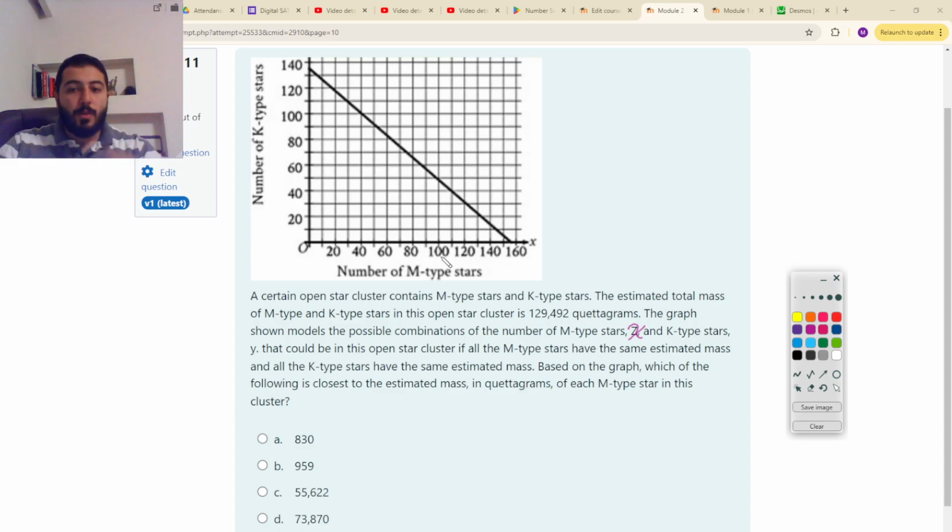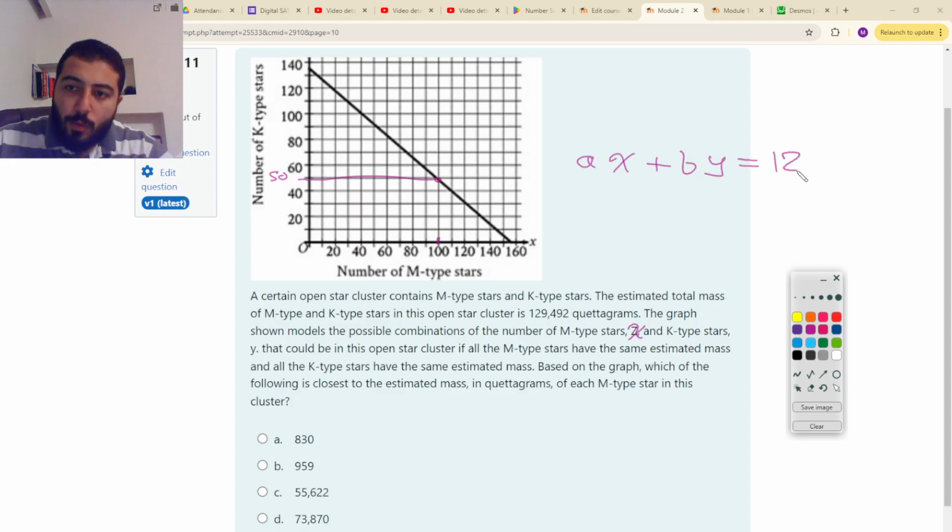Okay, so now we know that if we take any value like this one, 100 M type, that leaves us here with almost 50 K type. So we know that the M type is the X with a coefficient, and the K type is the Y with a coefficient, and that is equal to 129,492. This is the value, which is the constant. So now he wants to get the A and the B.